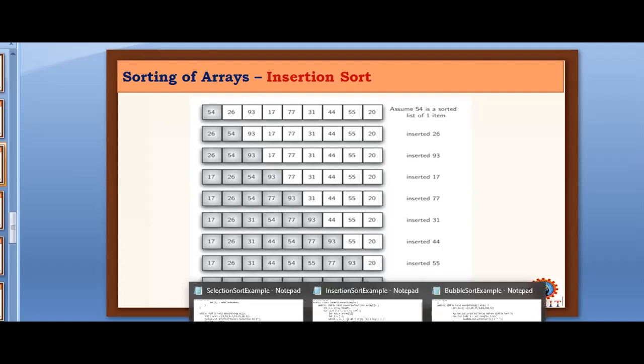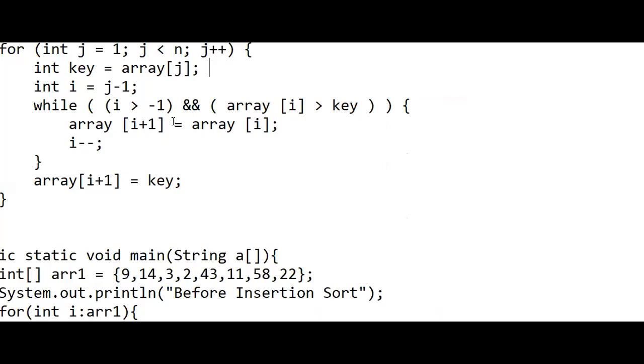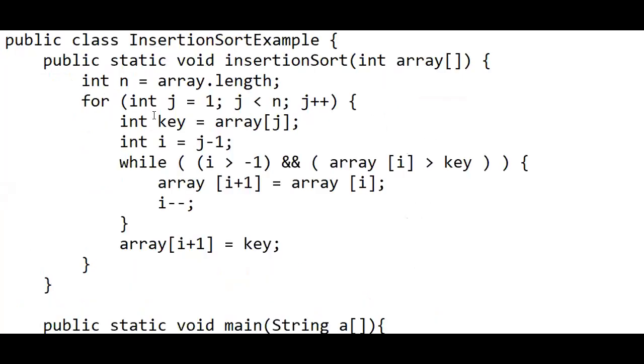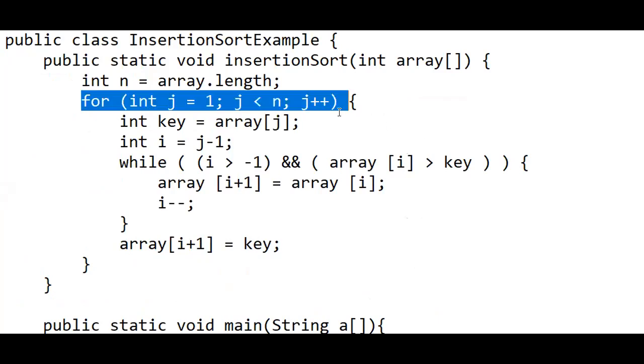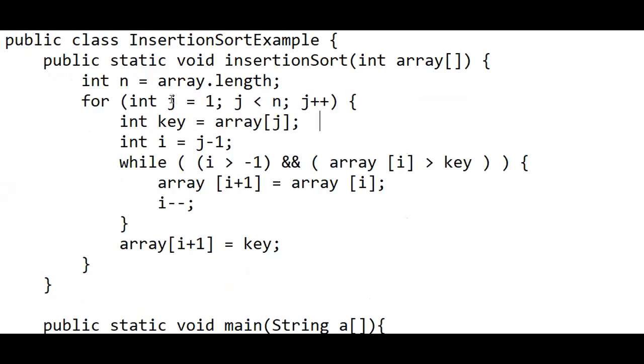So if you follow the logic here, insertion sort, there are 2 loops required: for j equal to 1, j less than n, j plus plus. That means j starts with 1, and then I am placing array of j into key. That means I am taking the second value into a key value.